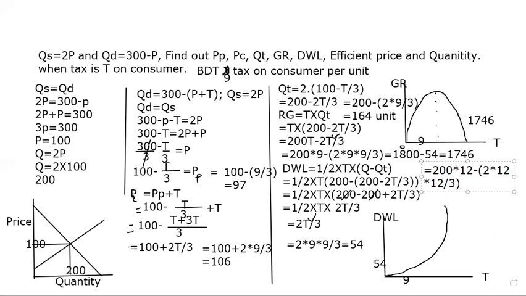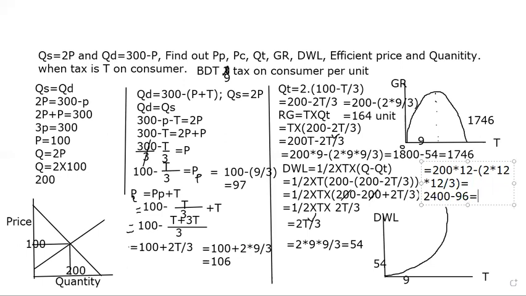So right now we'll have 24 minus 12 times multiplied by 2 divided by 3, that means 96.